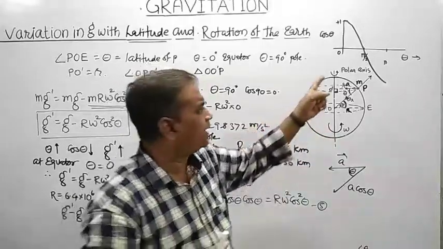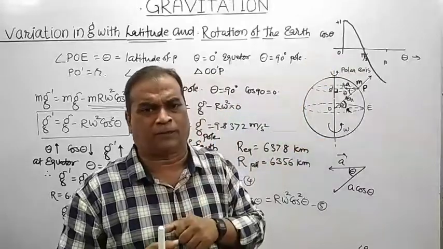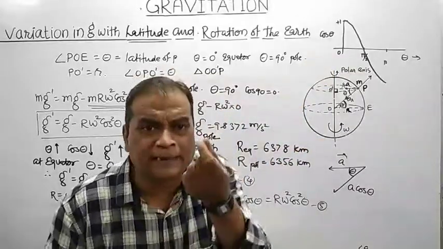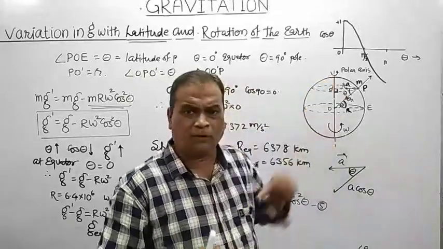And the second thing that you have to remember is that particles at the pole are not performing circular motion. Because they lie along the axis of rotation, they are not revolving, which means there is no effect of the rotation of Earth on particles at the poles.